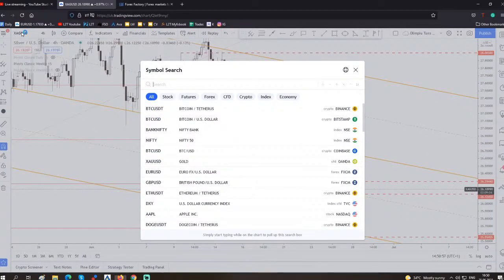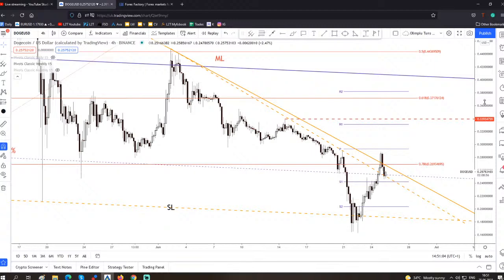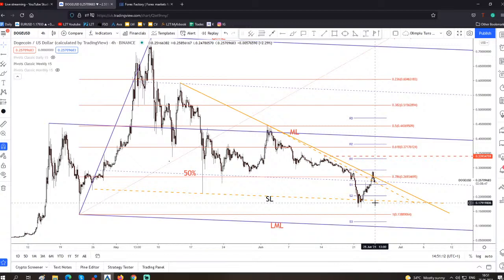Let's take a look also on the Dogecoin. Very important, a temporary drop here. The price of the Dogecoin versus the US dollar has found support again on this inside sliding parallel line.